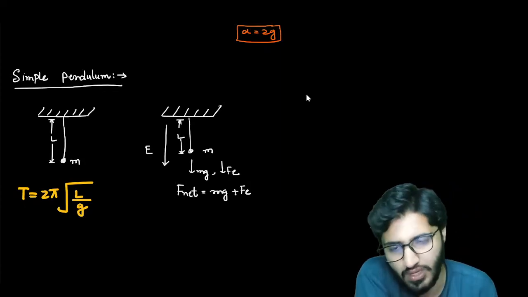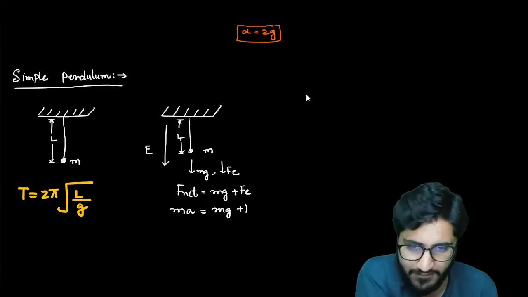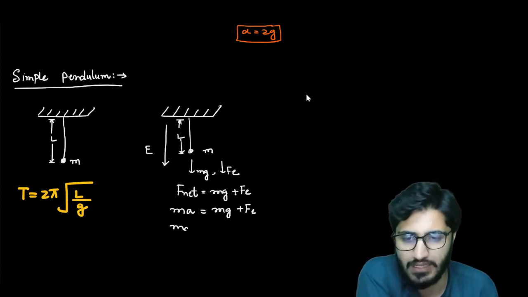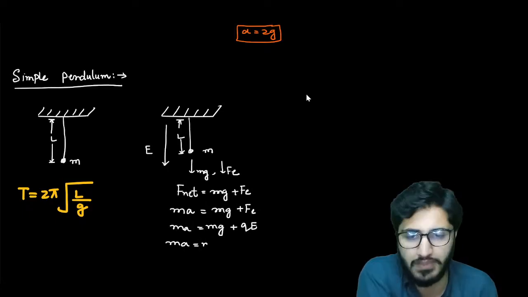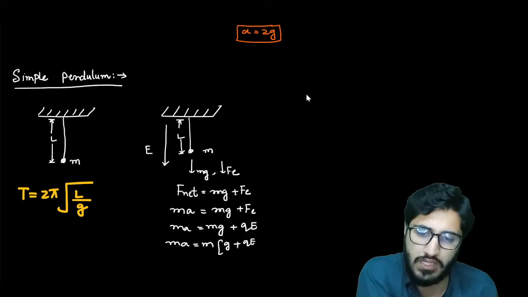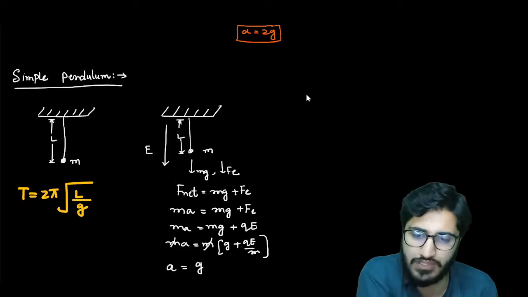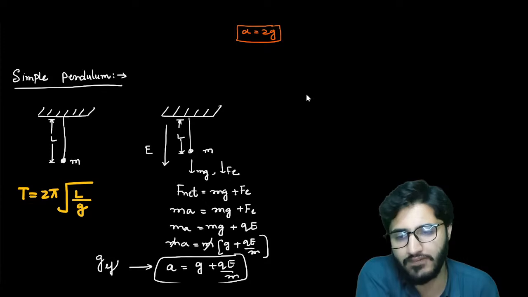F net equals mass into acceleration, equal to mg plus Fe. Fe is the electric force, which is qE. So I can write ma equals mg plus qE. I take m common from the right side: it becomes g plus qE divided by m. M cancels out. My acceleration comes out to be g plus qE divided by m. This is the effective acceleration, g effective.